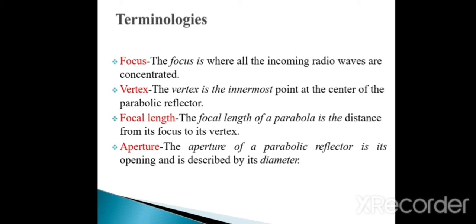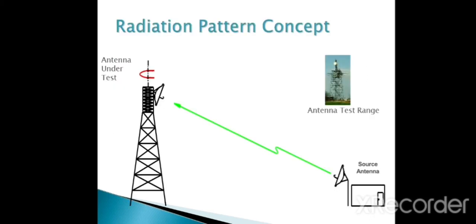The focal length of a parabola is the distance from its focus to its vertex. The aperture of a parabolic reflector is its opening and is described by its diameter. That means the dish diameter is called the aperture.